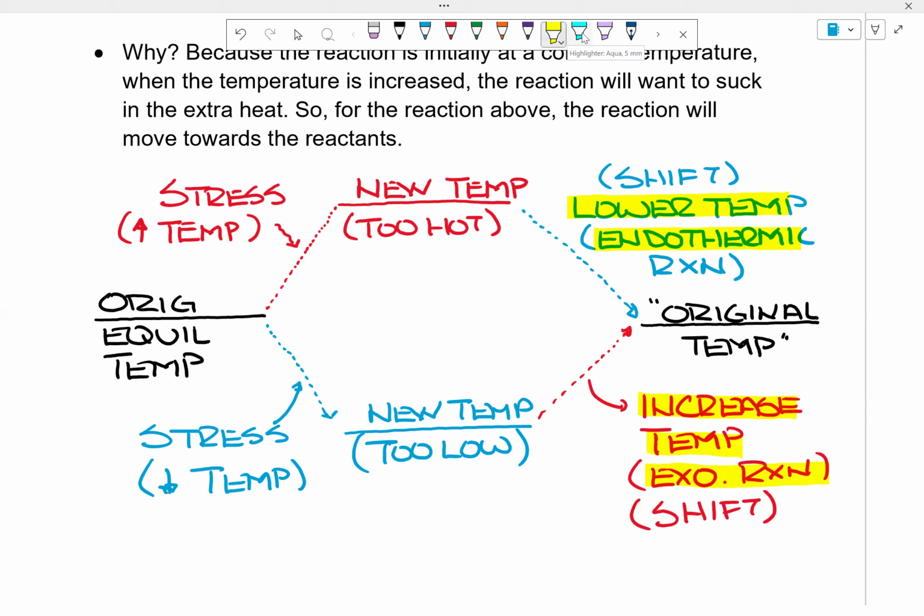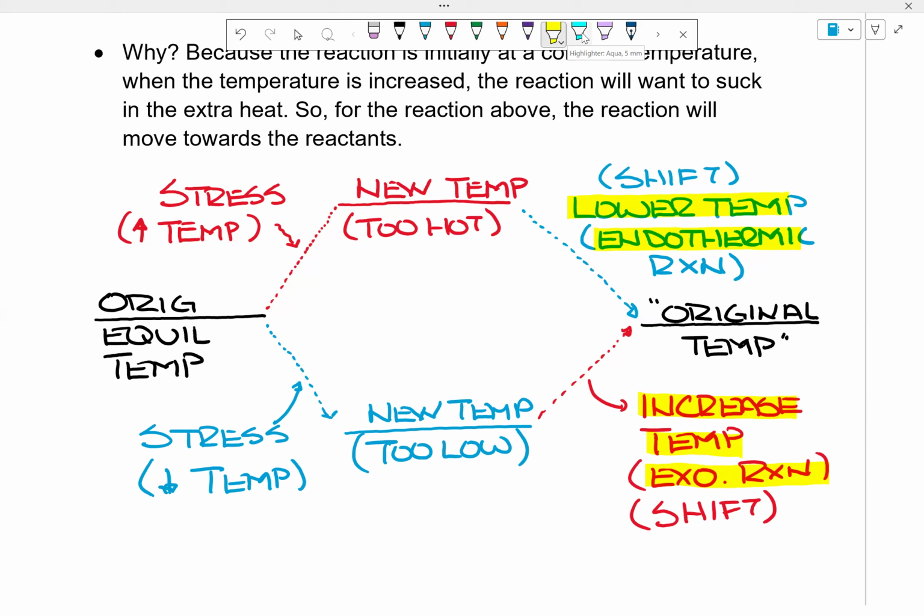I know in some families they tell you to put on a sweater. But if it's too cold, some of you might say, oh, I need to turn on the furnace. Why do you turn on the furnace? It's because you're generating heat. So an exothermic reaction would be like turning on the furnace because you are generating heat. So you're bringing things to warm up.